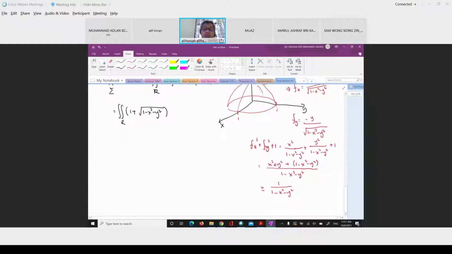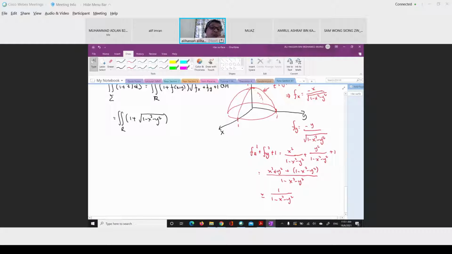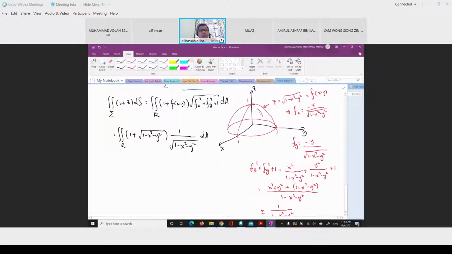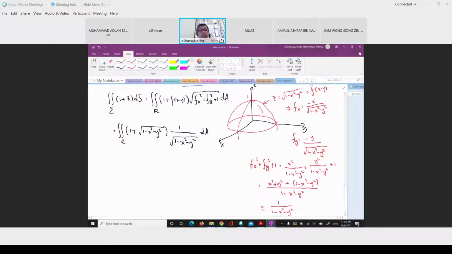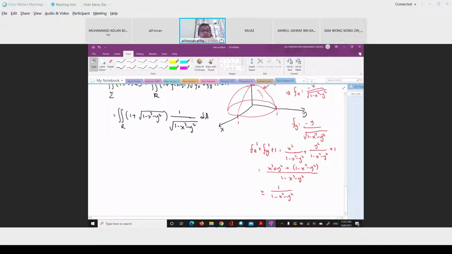So now we want the square root of that. So it is 1 over the square root of 1 minus x squared minus y squared dA. So we have evaluated f partial x squared plus f partial y squared plus 1 separately.